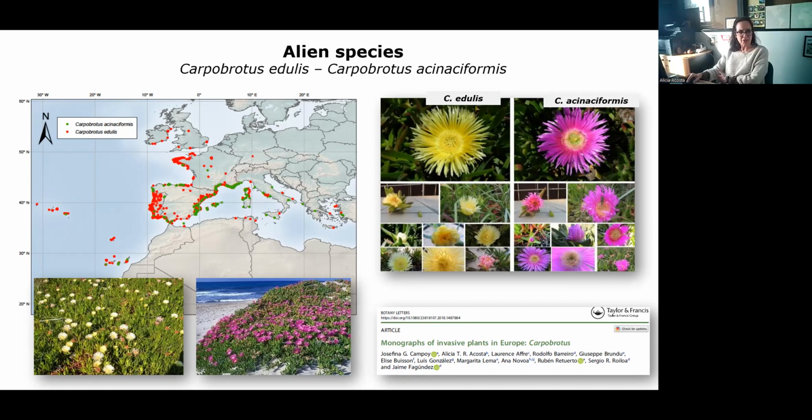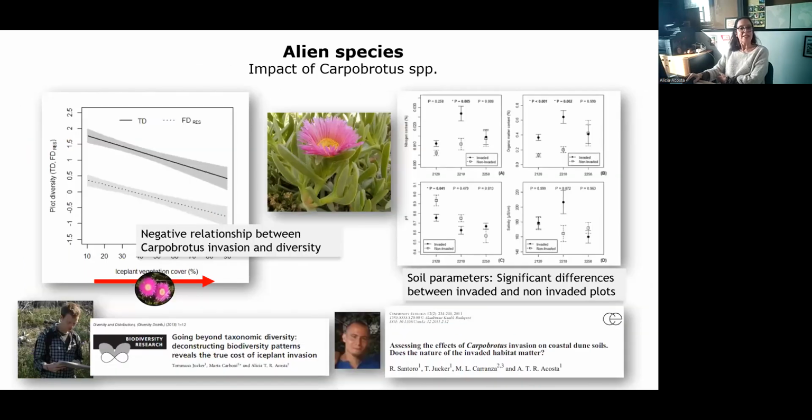The identification of these 2 species is still a subject of debate, and they are still a taxonomic problem. If you are interested in these alien species, you can see this review with Josefina Campoy from Spain as lead author.